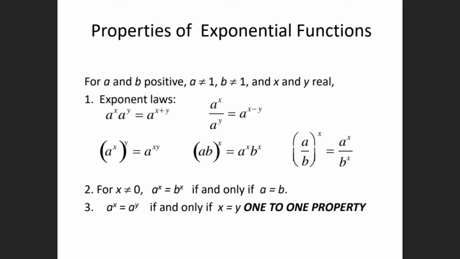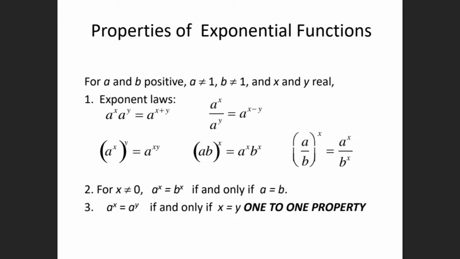And we have what's called the one-to-one property, and this is going to be very useful to solve exponential equations. The one-to-one property states that if I have two exponential expressions equal to each other, the only way they can be equal is if the bases are the same and the exponents are the same.